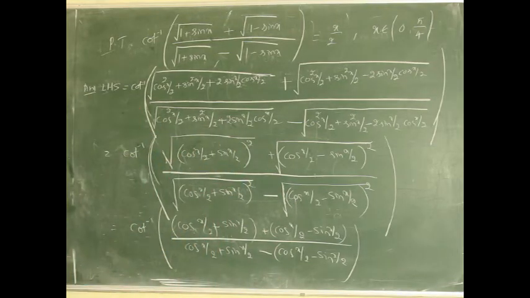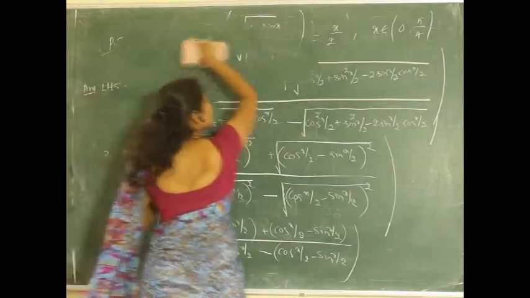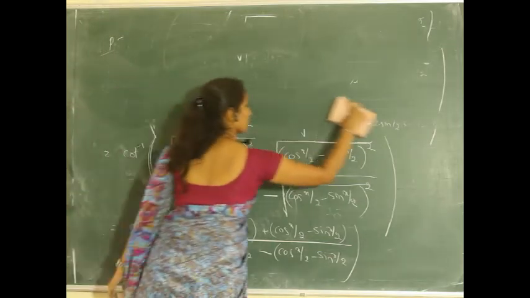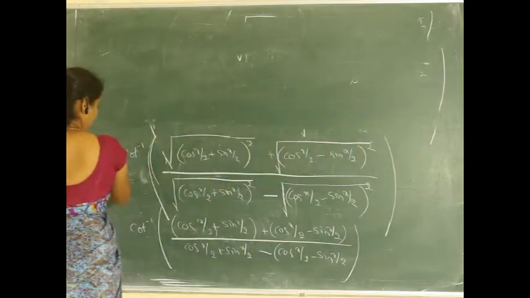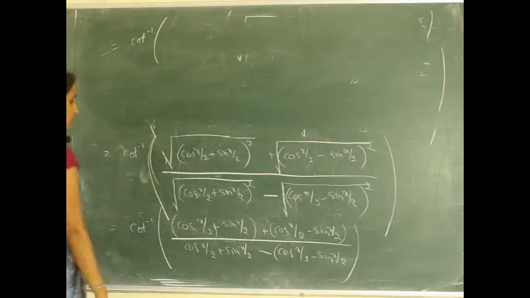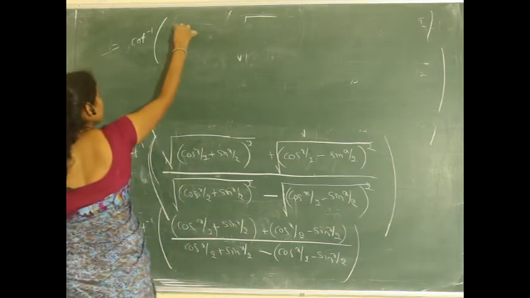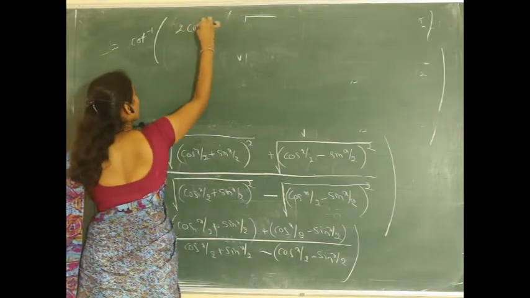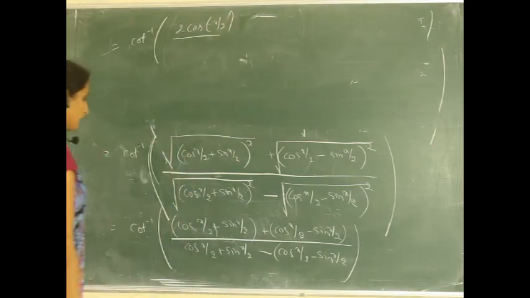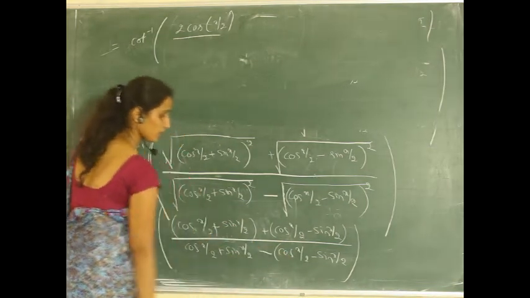So in the next step, what we can do is cot inverse of 2 cos x by 2, as sin x by 2 minus sin x by 2 is cancelled. So 2 cos x by 2 divided by the denominator, cos x by 2 minus cos x by 2 can be cancelled.